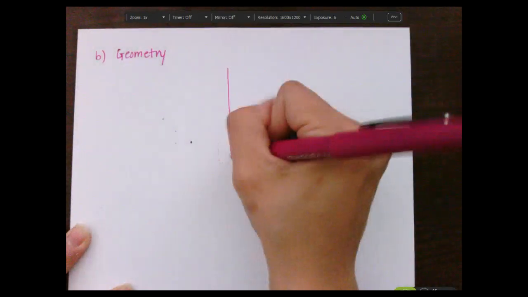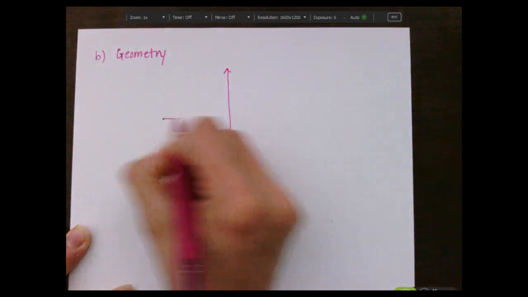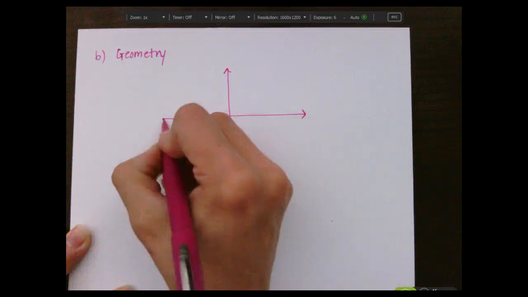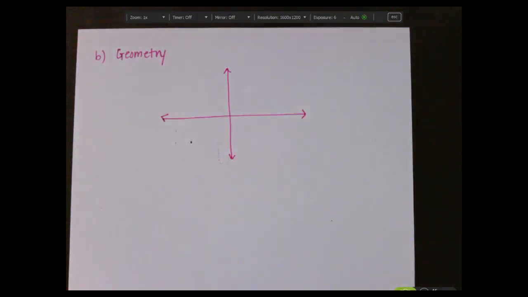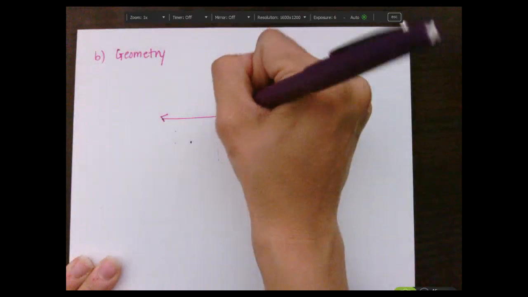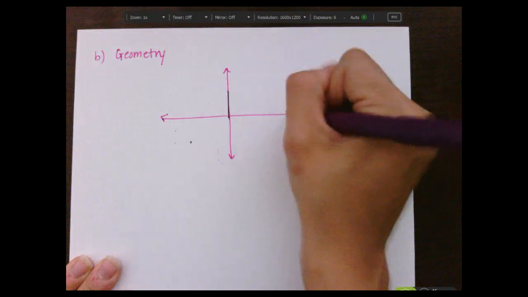So I'm going to draw this again. It's especially important for geometry that you have a really good, accurate picture. So my graph, again, was bounded by the interval from 0 to 4.